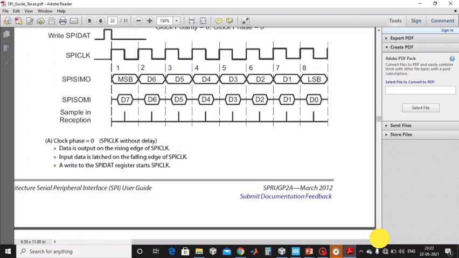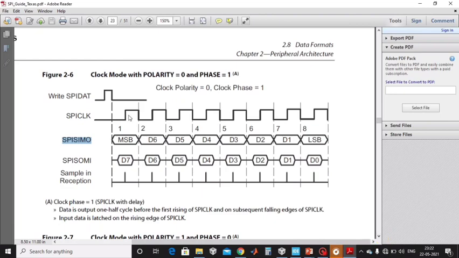But in mode 1, there is a phase difference between the SPI clock and data. So what's your conclusion regarding this point? Let me tell you that in this example you have to assume that before this rising edge there must be a falling edge here, since the phase difference is 180 degrees between the clock and the data.